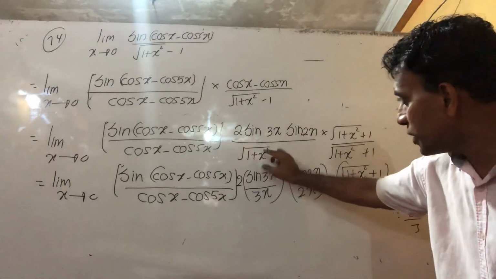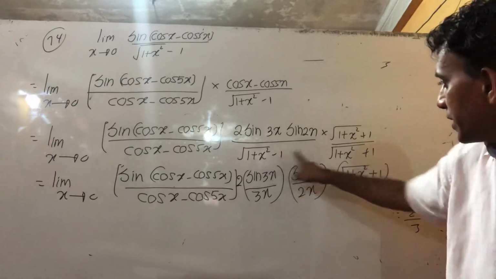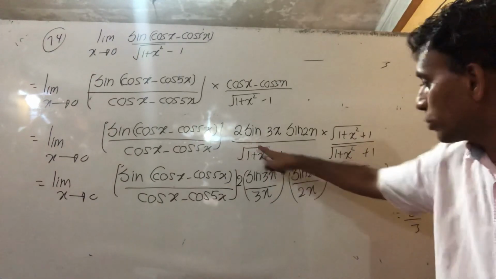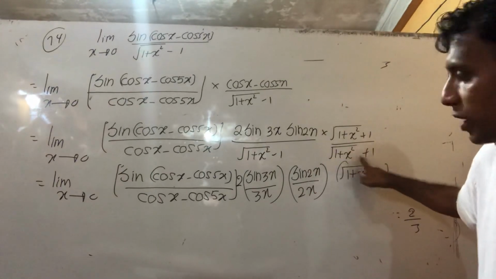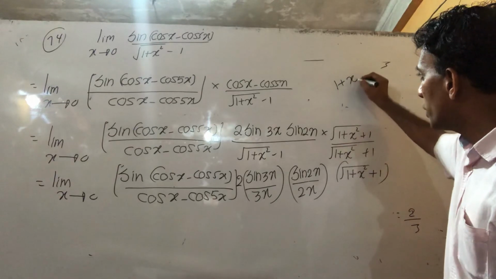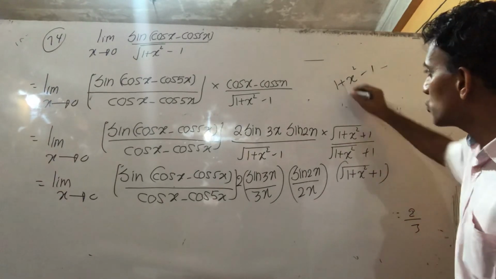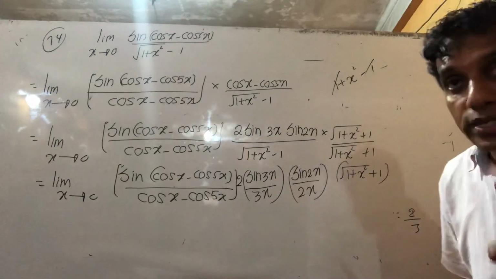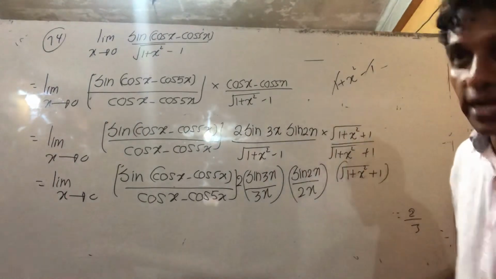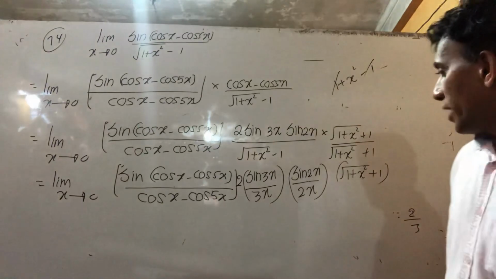Here see, using this factorization, 1 plus x square minus 1 with the root of 1 plus x square plus 1. What then if we multiply this? 1 plus x square minus 1, the 1 cancels. X square remaining. X into x, x square, that is okay. That is okay, right? Everything okay.